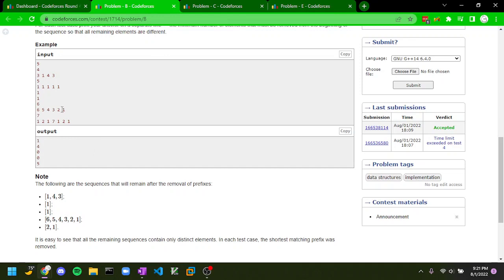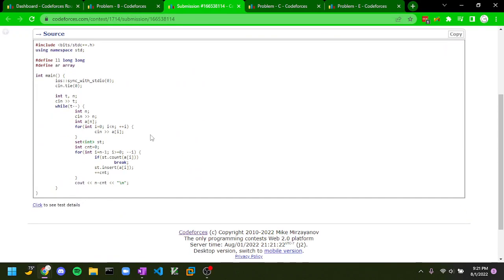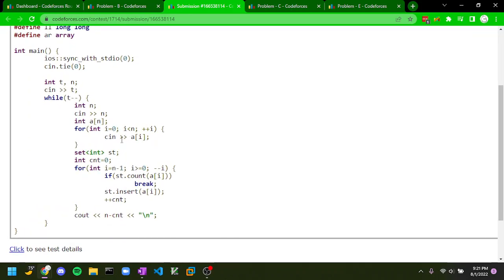Yeah, so all you do is check for distinct elements, and as soon as there's not a distinct element, you disregard it. And yeah, let's look at the code. What I did was first create the array and then input everything. So now I got this settled.